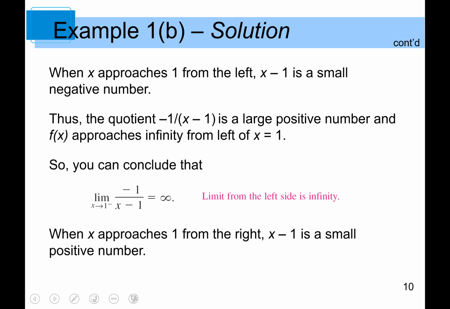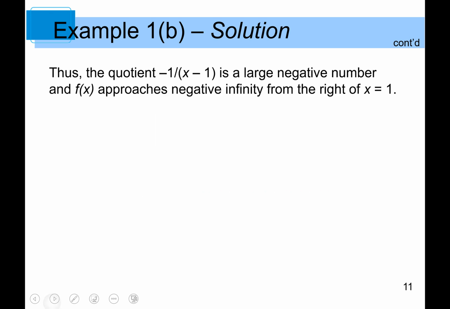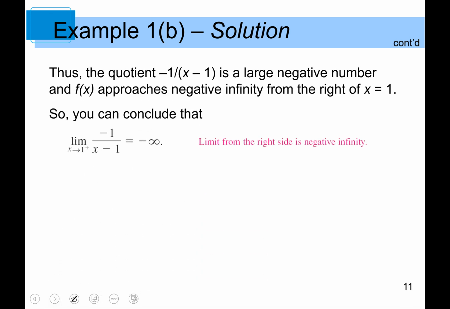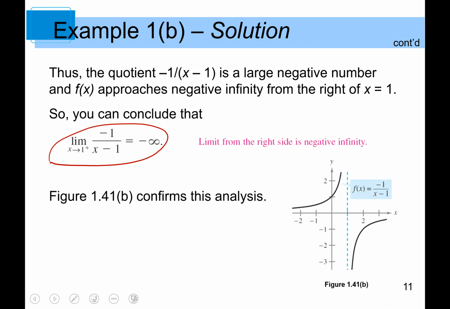So the limit does not exist. As you can see, from the right hand side it's negative infinity. And the graph confirms our analysis, right? This way and this way.